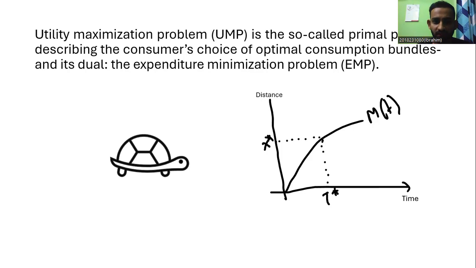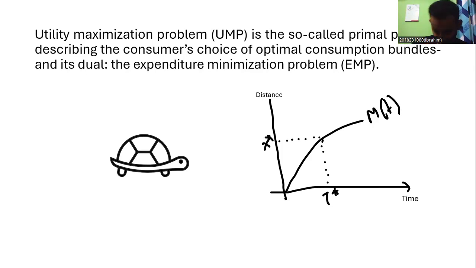We can say x star is the solution to this distance maximization, or time minimization, problem if and only if this function is monotonic and continuous. Otherwise, if the function is non-monotonic, there is no guarantee that there will be a solution to this problem.